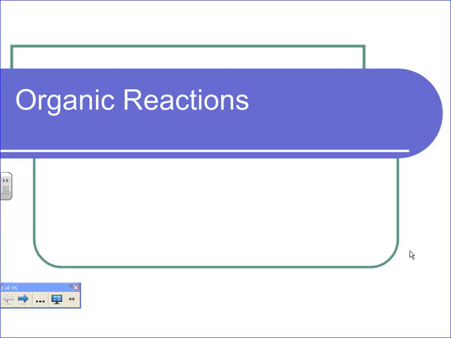At this stage in your chemistry career, you're probably going to feel a little bit like there's a lot of memorizing to be done when it comes to organic reactions. You need to recognize what the substances are that you're combining. You need to recognize which type of reaction is going to occur, and you need to apply the rules.